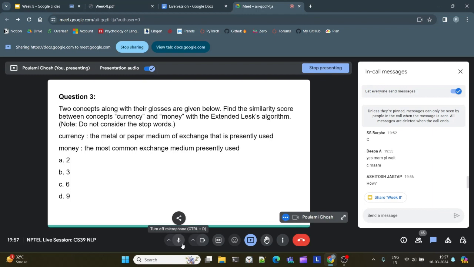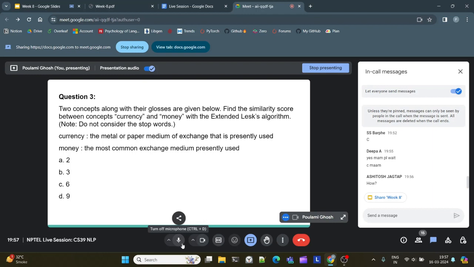Yes, ma'am. Here, the instruction is given not to include the stop words. That's why I have not taken those words. The common words are exchange, medium, and presently used. Because presently is occurring with used, I calculated it as 2 raised to 2.